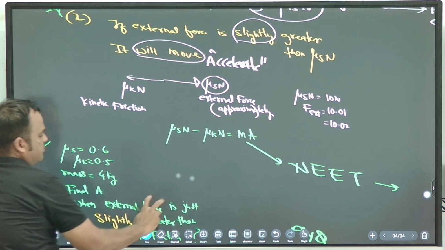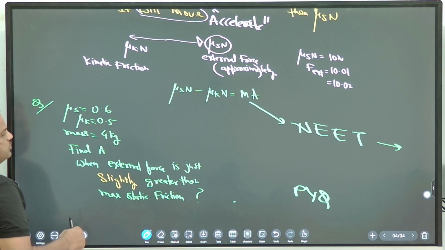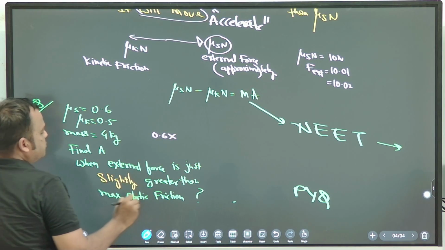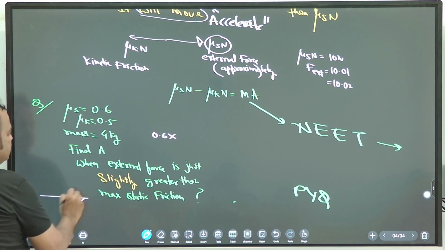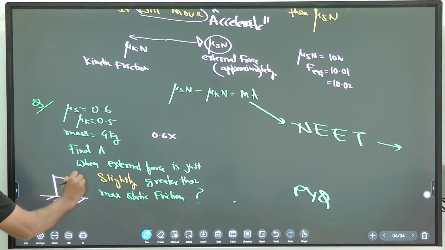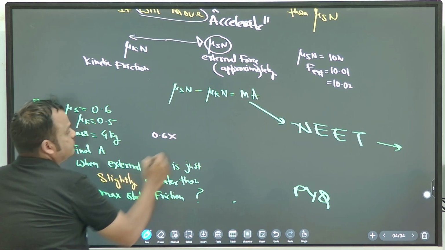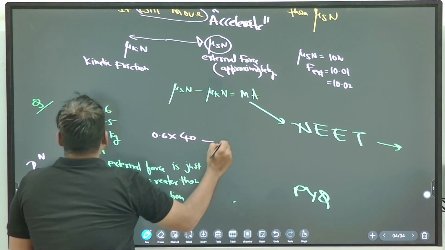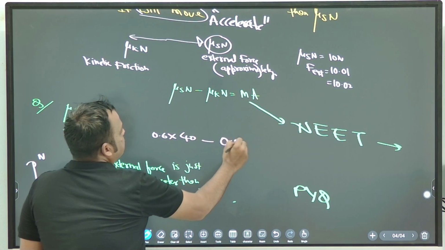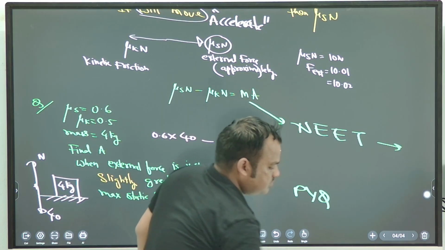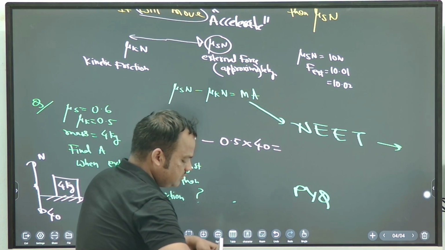So what is the answer? What is the acceleration now here? 0.6 into n. Now n, what is n? 40. Correct. Minus mu k, so 0.5 into 40 is equal to ma.